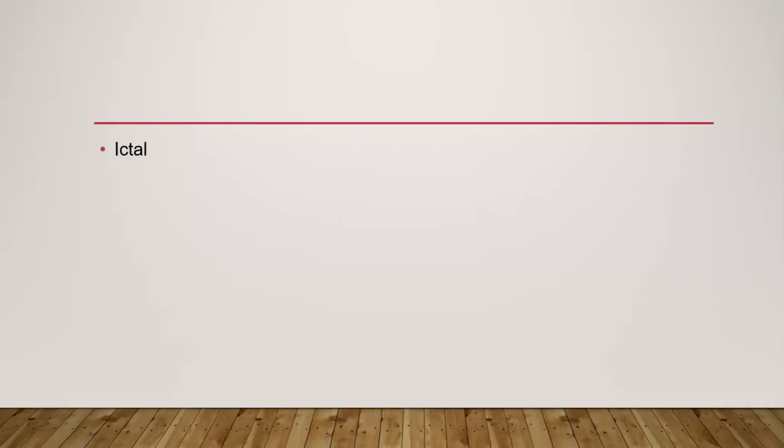The next term we're going to talk about is ictal. Ictal is a period of a seizure. So you will sometimes hear people talk about a pre-ictal episode, a mid-ictal episode, or a post-ictal episode.